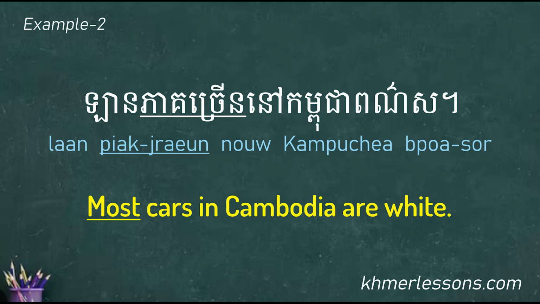So ឡាន is car, ភាគច្រើន is most, នៅកម្ពុជា is in Cambodia and ពណ៌ស is white color. ពណ៌ is color, ស is white. So for white color we say ពណ៌ស. Again, ឡានភាគច្រើននៅកម្ពុជាពណ៌ស. Okay. So this is how to use most in Cambodian language.